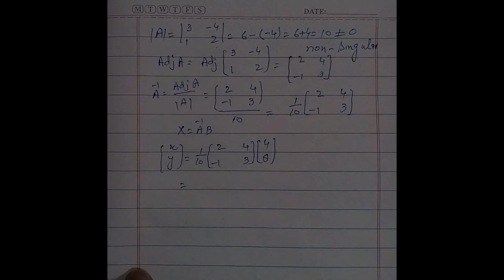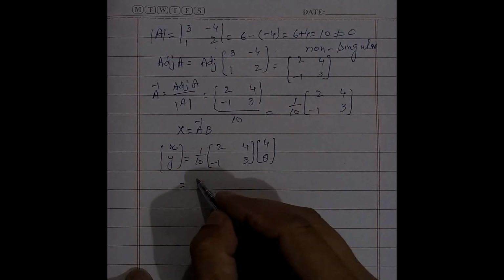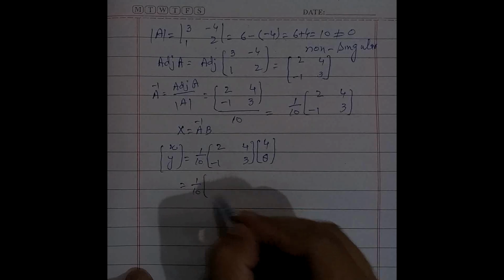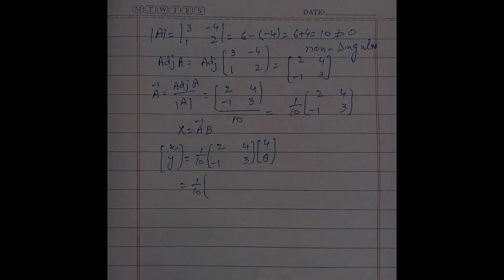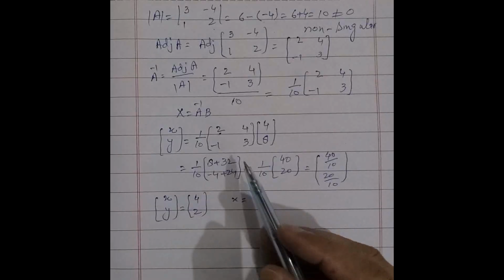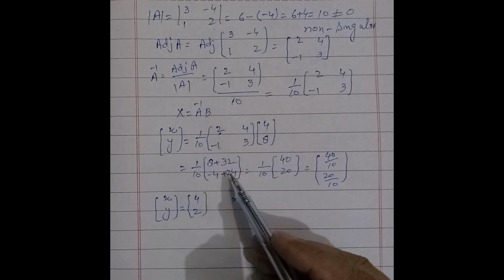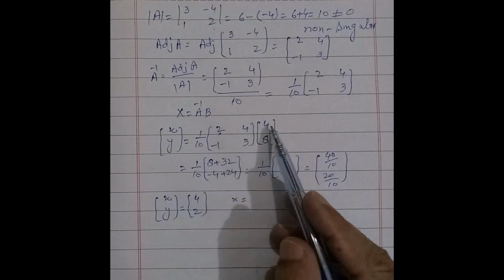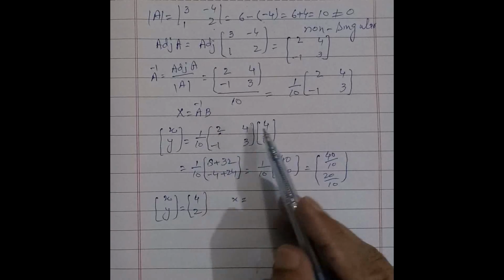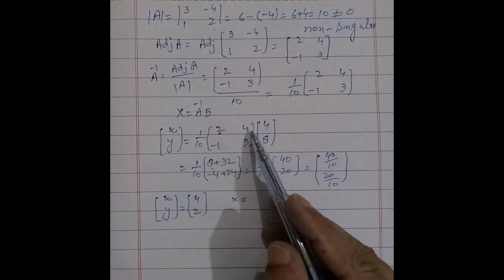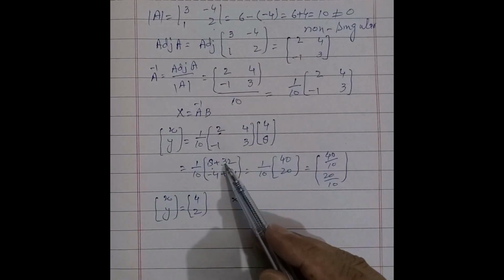Now simplify these values. We get 1 over 10 into... before multiplying we know the rule. We multiply the two matrices. First row with first column is 2 multiplied by 4 is equal to 8 plus 4 multiplied by 8 is equal to 32.